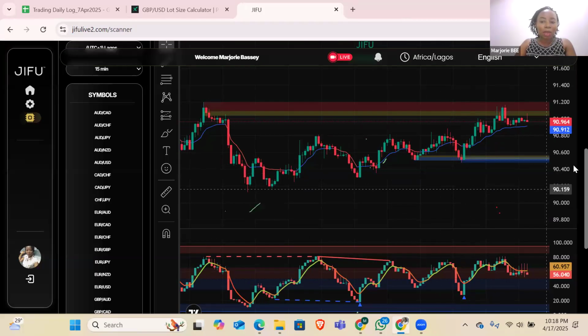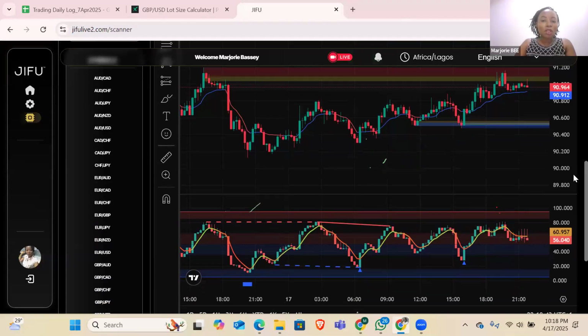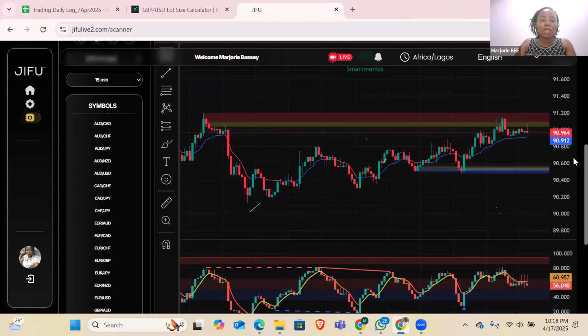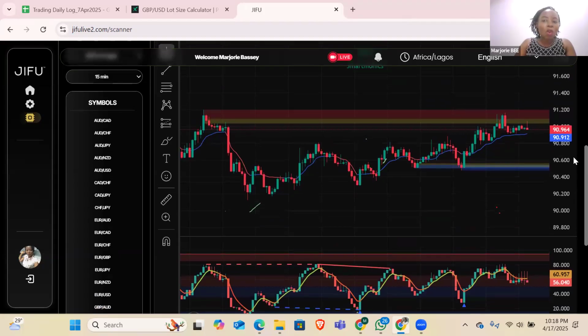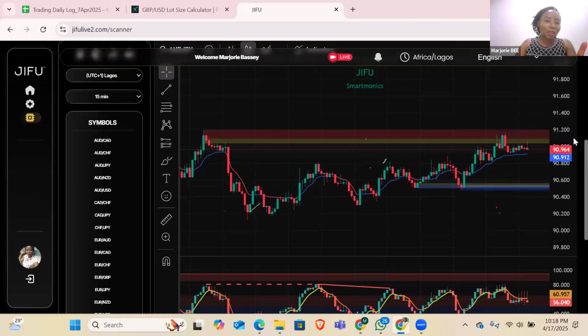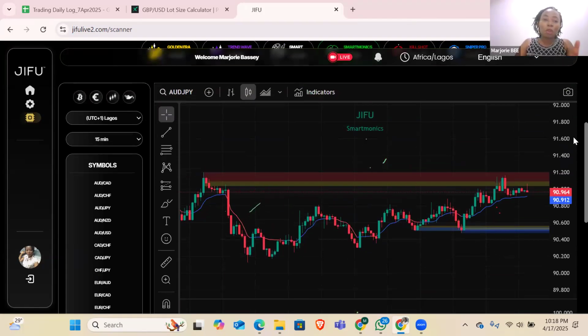So what exactly are you looking for here? There is nothing here to confirm. And if you want to have the accuracy rate of these scanners, you look at it and say one thing is missing. If one thing is missing, you say, let me leave this thing. I need to see my 4 confirmations before taking the trades.